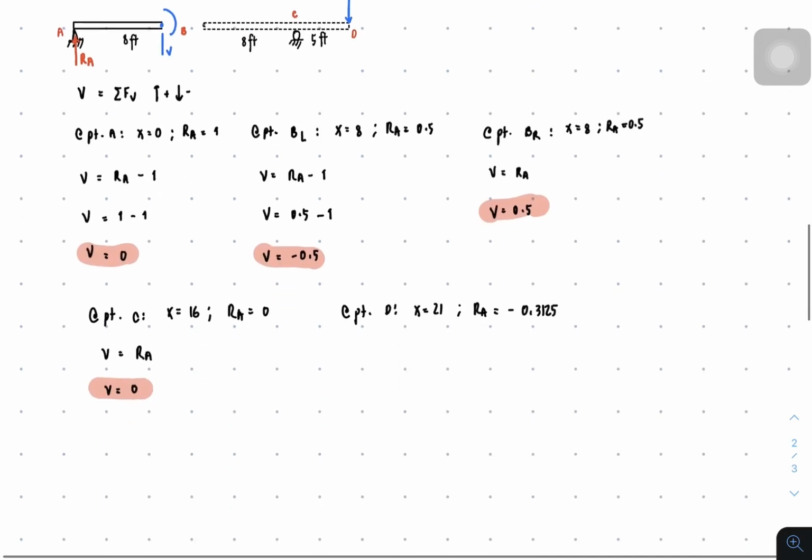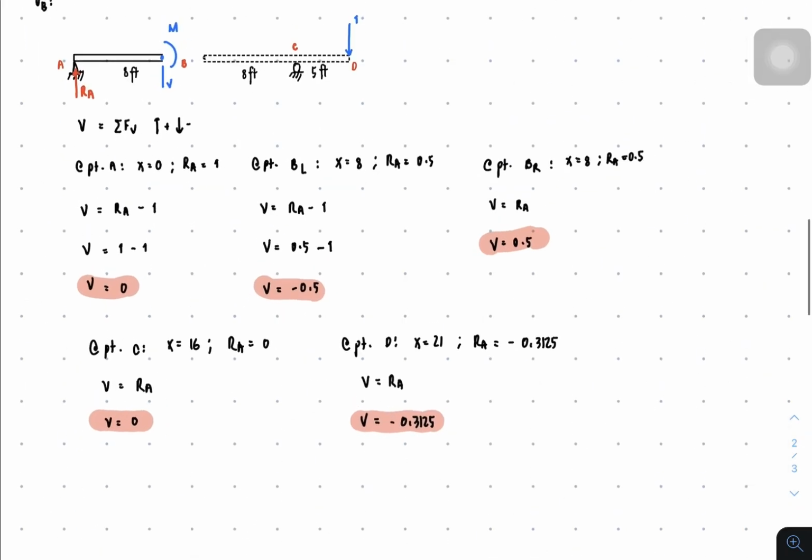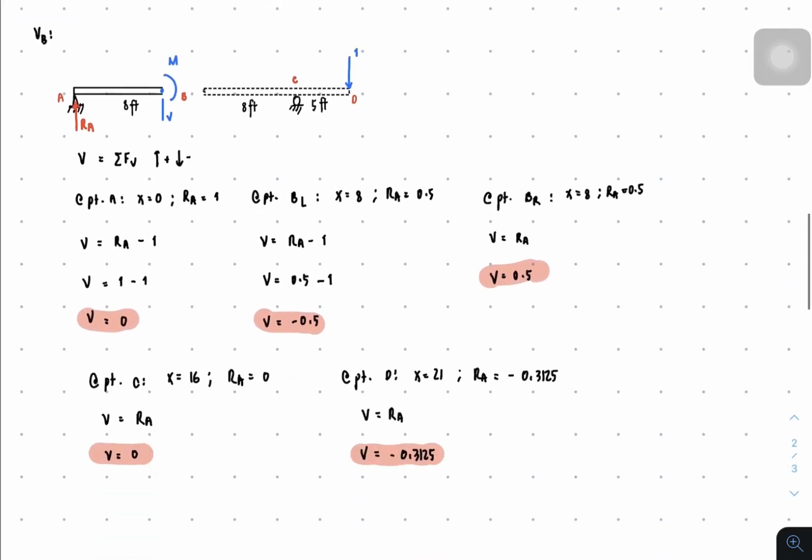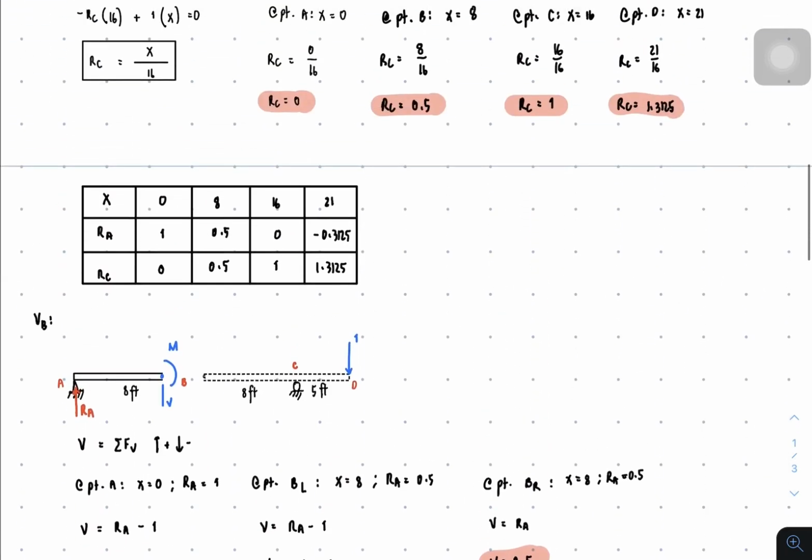So the equation would be the same, that V is equal to RA. So therefore, the shear is equal to negative 0.3125. So now we have the points of shear.